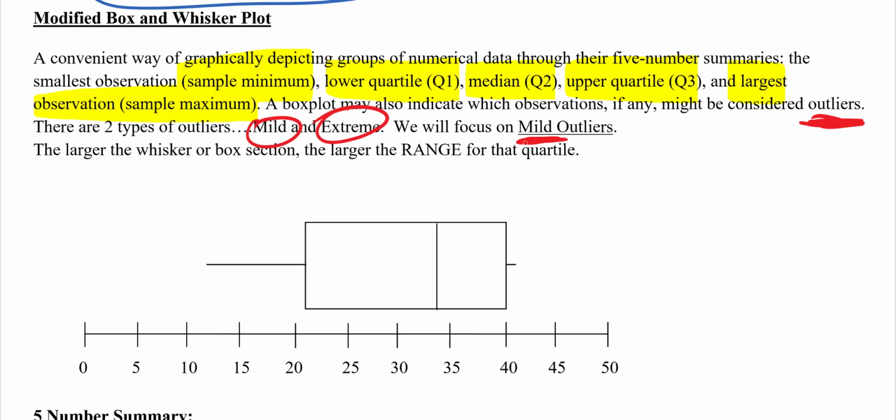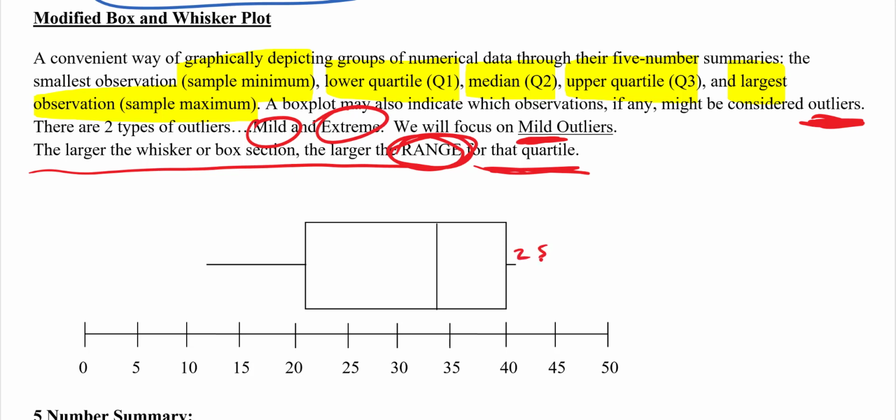Okay. The larger the whisker or the box section, the larger the range. This is a hugely key word here. The larger the range for that quartile. All right. So what I want you to understand is, as far as the amount of data here, there is 25%.